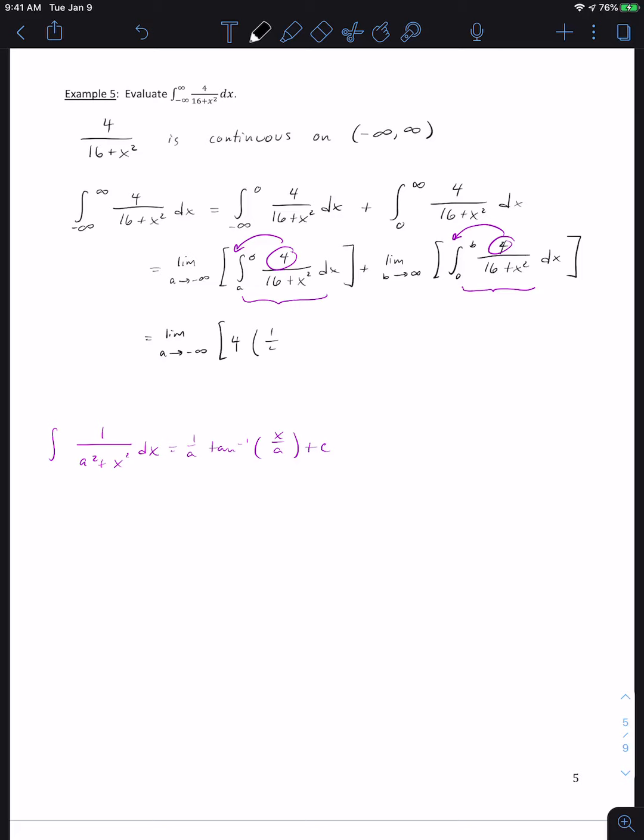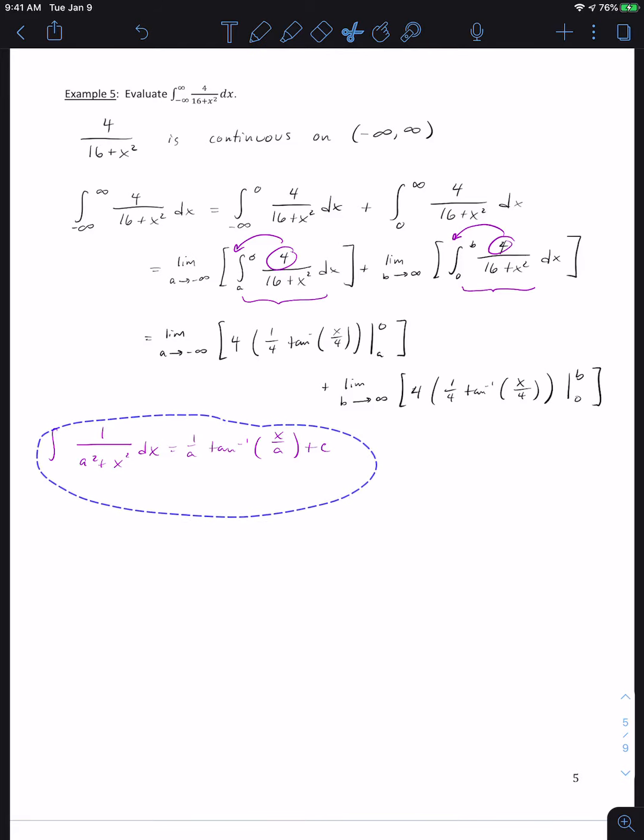Well, that's 4, so 1/4 tangent inverse of x over 4, and now I'm evaluating that from a to 0, and then plus the limit as b goes to infinity of, again, 4 hangs out for the ride, and then I get 1/4 tangent inverse of x over 4, evaluating that from 0 to b. All right, so that was the rule, and now we will simplify.